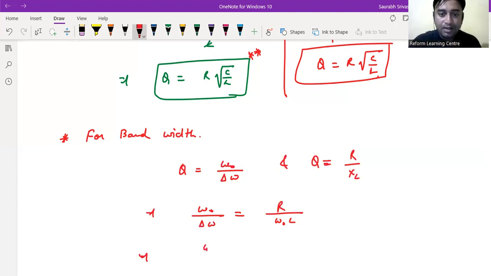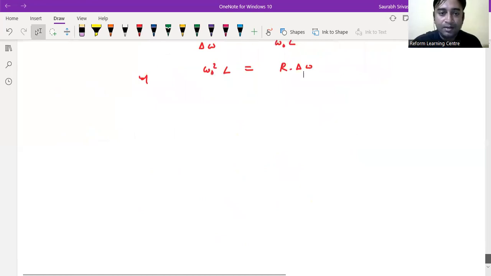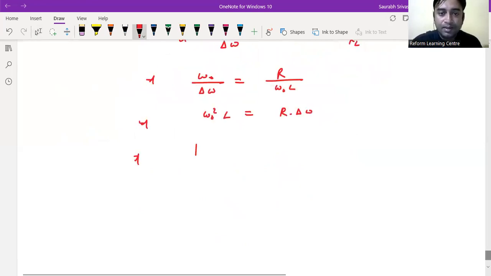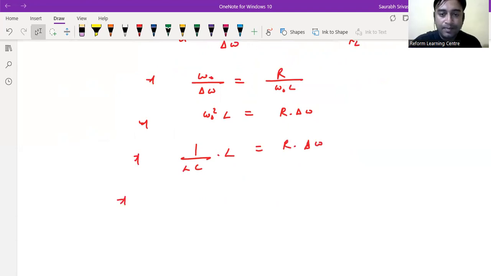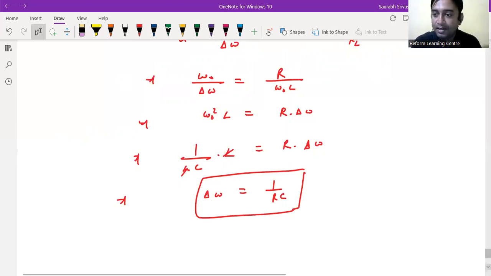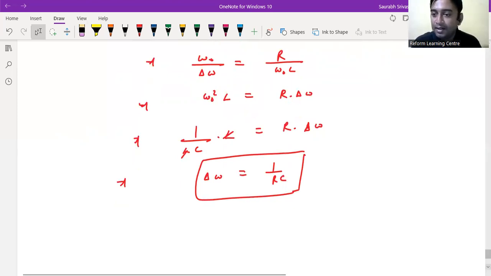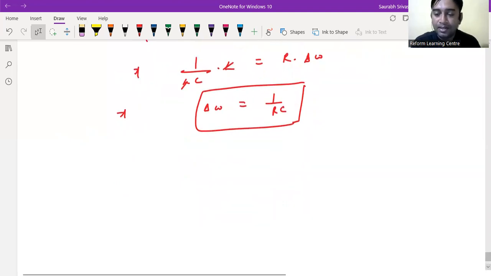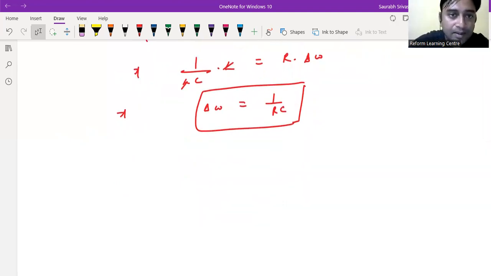Omega naught square L is equal to R into delta omega. What is omega naught square? 1 upon LC into L is equal to R into delta omega. L and L cancel. Delta omega will be equal to 1 upon RC. We can see that in this formula, inductance is not present.